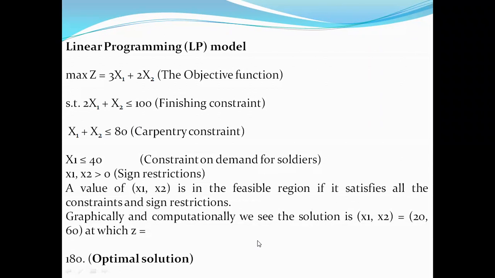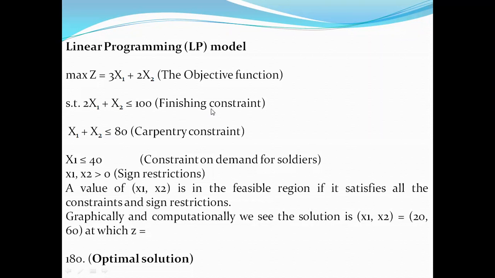So here, at each and every stage, the objective function needs to be specified, and the constraints specified in the question need to be identified, that is the finishing constraint. Not only the finishing constraint, but the manufacturing constraints.